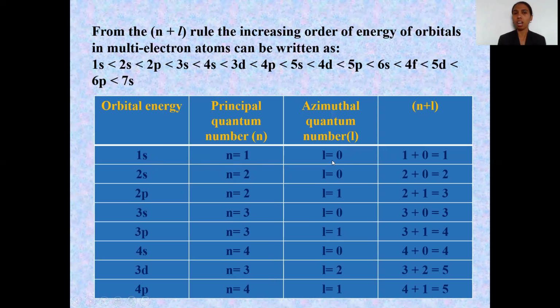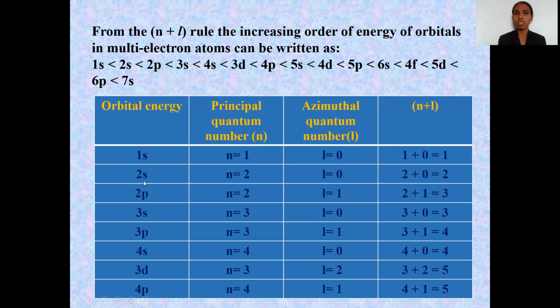We have studied how we can determine the l values, or how we can designate the subshell using the azimuthal quantum number that we have studied in the quantum numbers. So as the subshell is s, the l value is 0. So n is equal to 1, l is equal to 0, means 1 plus 0 is 1. So n plus l value is 1.